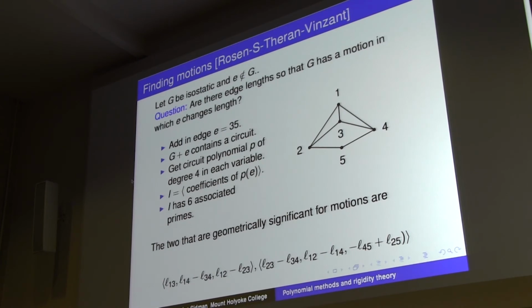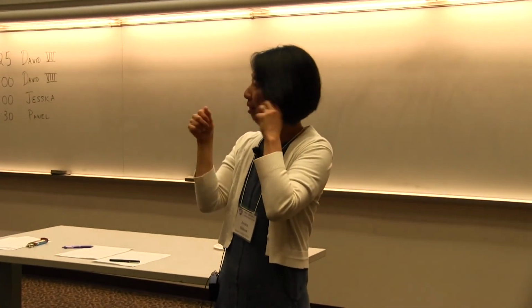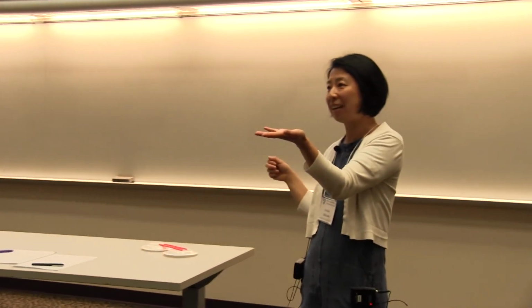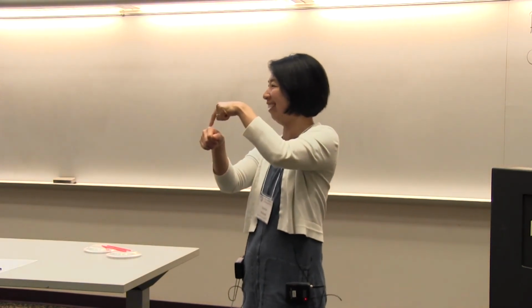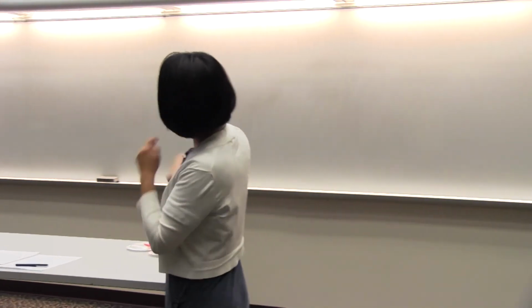And the polynomial has to be supported on E because your graph without E was independent. One of the results in matroid theory says if you have an independent set and you add something to it and it's dependent, the dependence relation you get has to include the thing you just added. So this polynomial has E in its support.